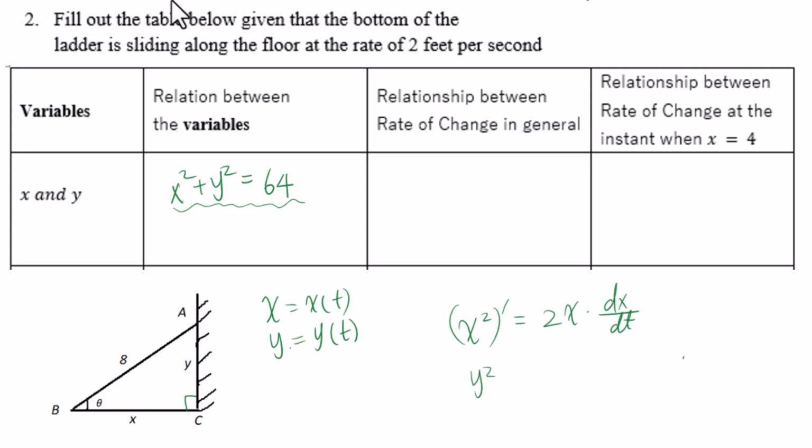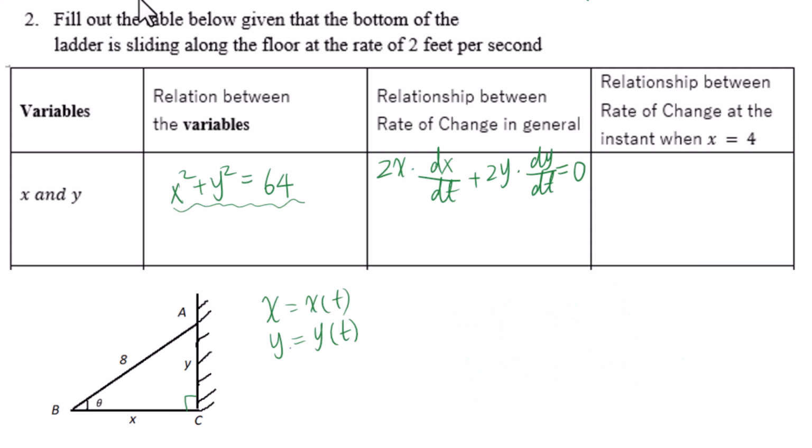And y squared, that is 2y times dy by dt. So we get 2x times dx by dt plus 2y times dy by dt. 64 is a constant. Derivative of a constant is 0.